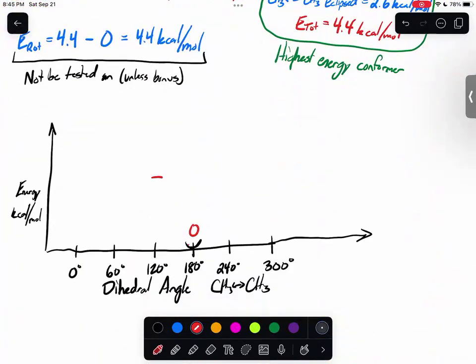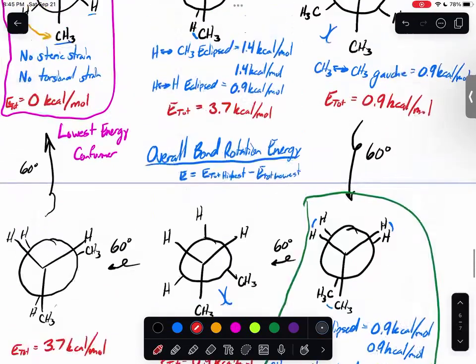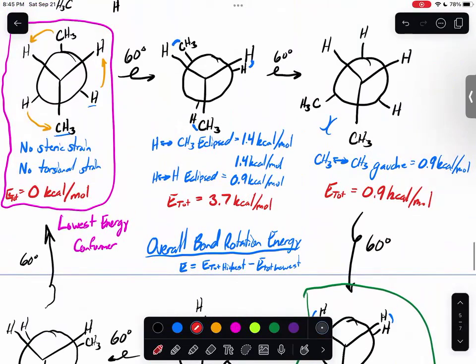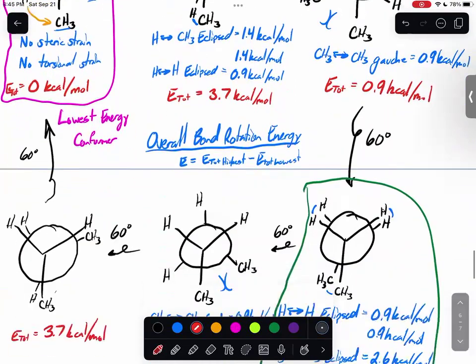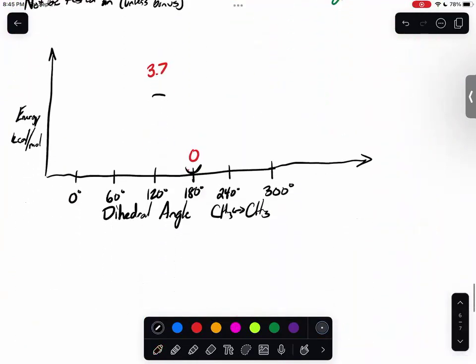So we can put that value up here, and we're just going to go through and fill in everything else. The next one would be if they're 60 degrees apart, which would be this third structure over here on the top right, right? So 60 degrees apart, they're sitting at 0.9 kilocalories per mole. So this would be our 0.9.